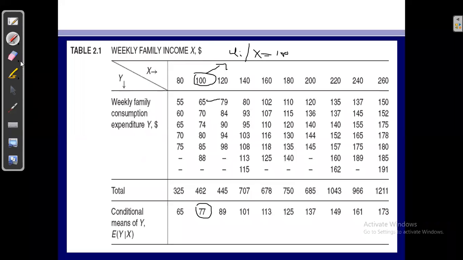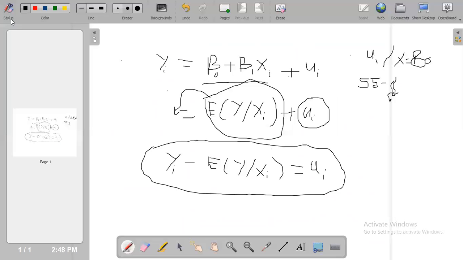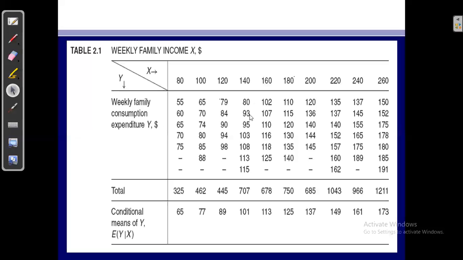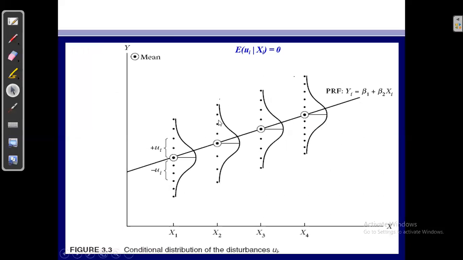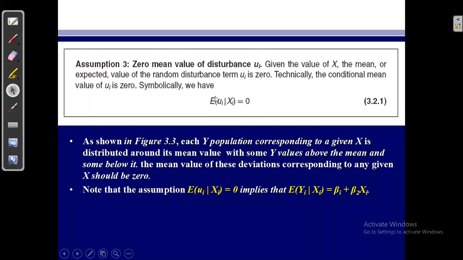This is exactly what we mean by this assumption. This is just the meaning of the mean value of the disturbance term being equal to 0.